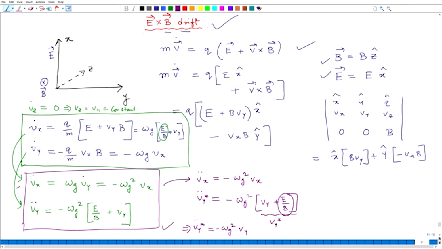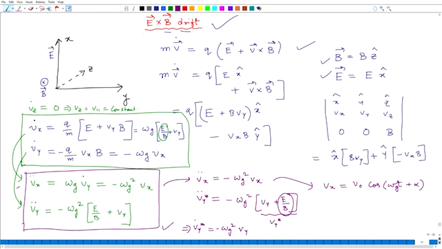If you now try to integrate this, for Vx you will have some quantity, let us say A times, or I can take some V0, V0 cos of omega g t plus alpha.